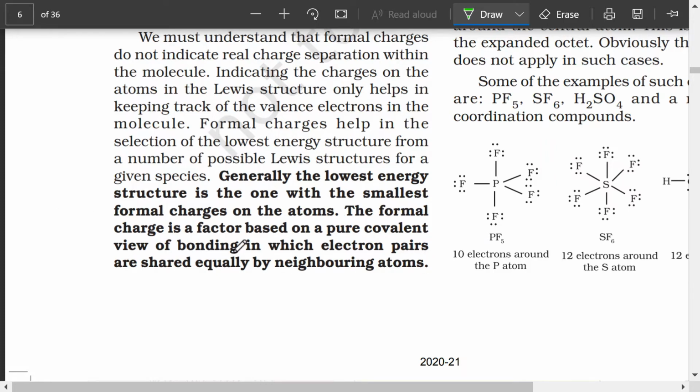The formal charge is a factor based on a pure covalent view of bonding in which electron pairs are shared equally by neighboring atoms. What this means is that the structure which has the lowest energy is the one with the smallest formal charges on the atoms.